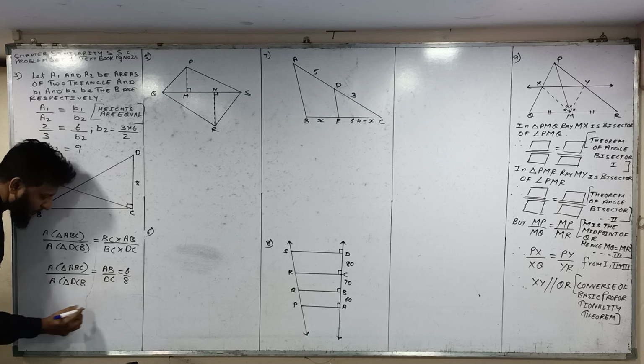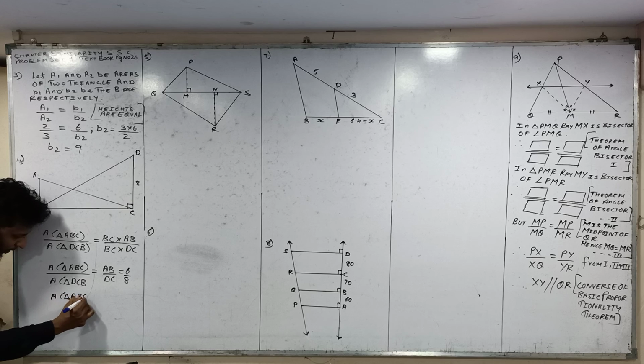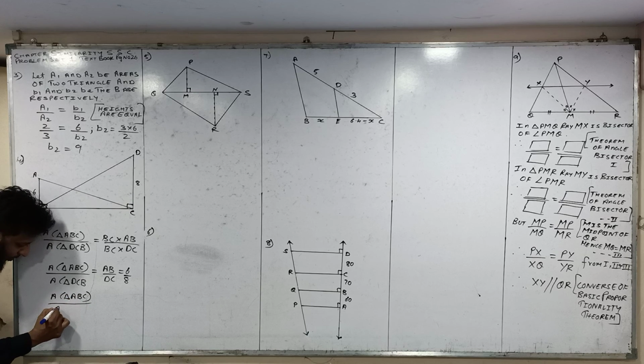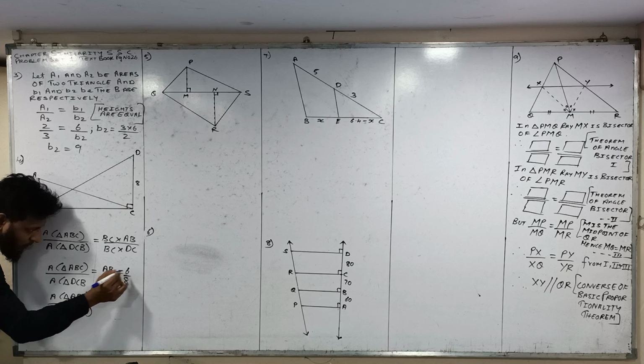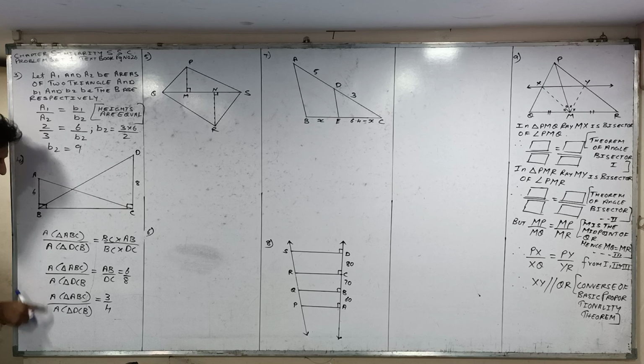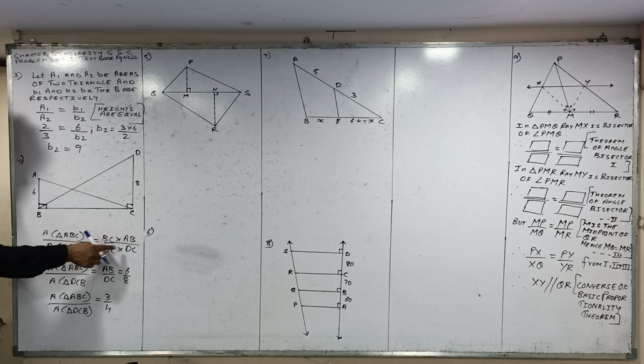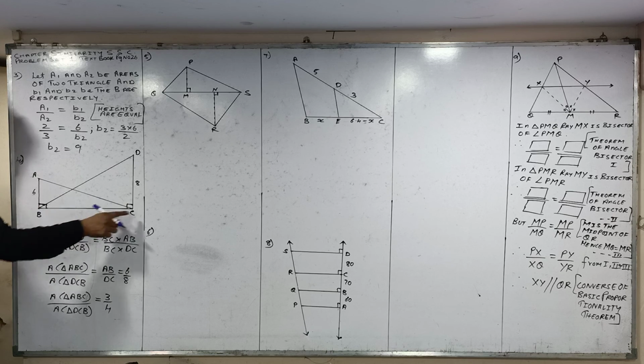After cancellation, area of triangle ABC upon area of triangle DCB, 2 3s are 6, 2 4s are 8. So what is the proportion of their area? This is 3 upon 4. Okay, here the area is proportional to their base and height of this triangle ABC.